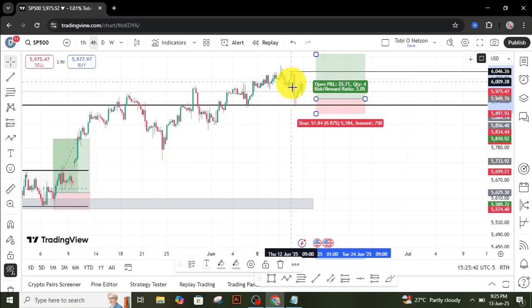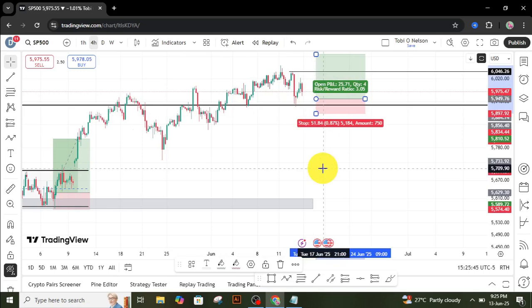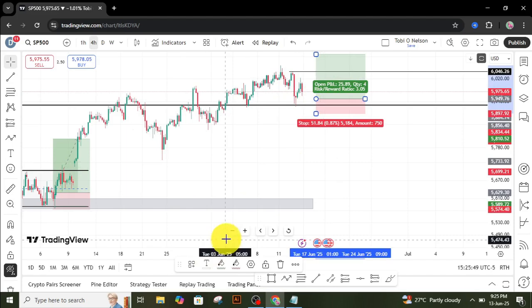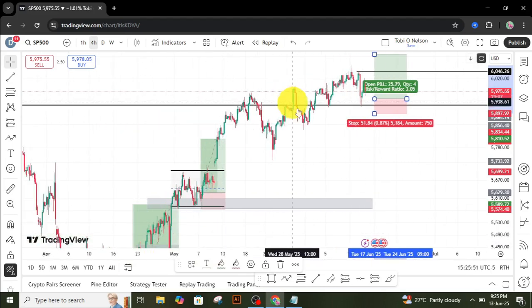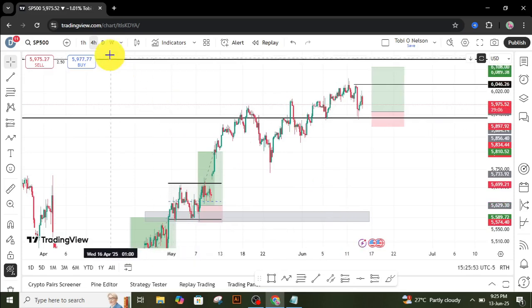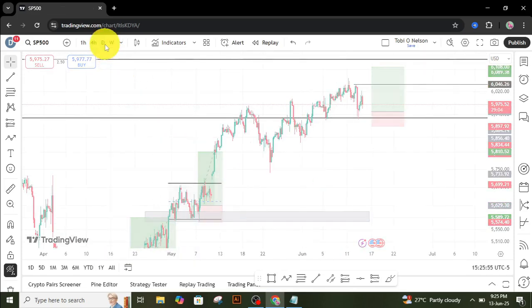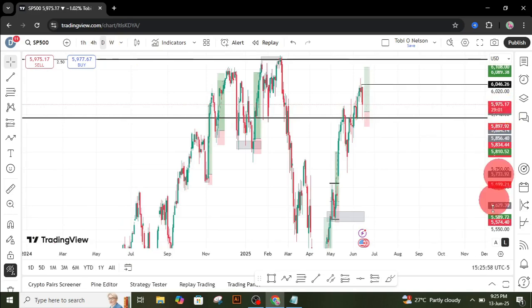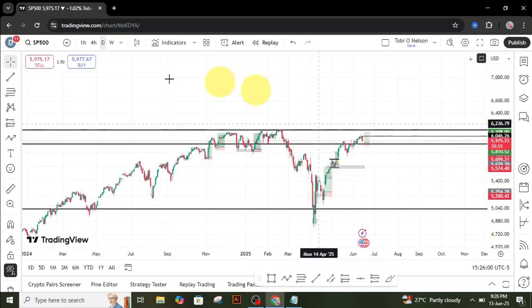So every pullback is an avenue to buy when you identify the trend. This is how you ride the trend. Be expecting that in the long run, this trend definitely has to make new higher highs.